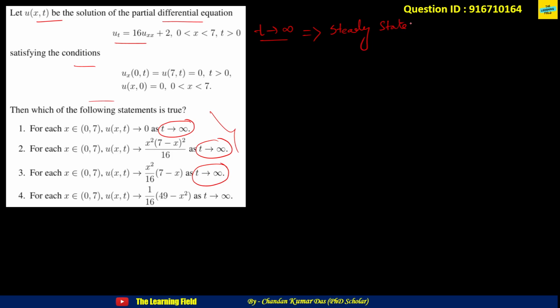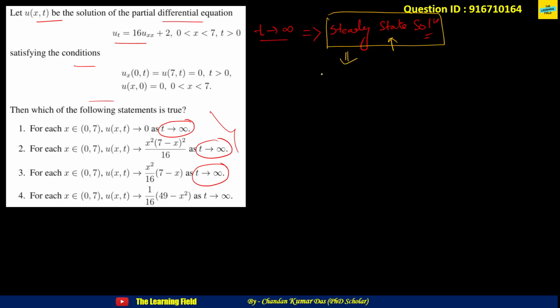Steady state solution. In some recent previous years of CSIR NET, a question based on steady state has been asked. So this is a very important concept nowadays. You can definitely watch my lectures for the steady state solution. So what do you mean by steady state solution?